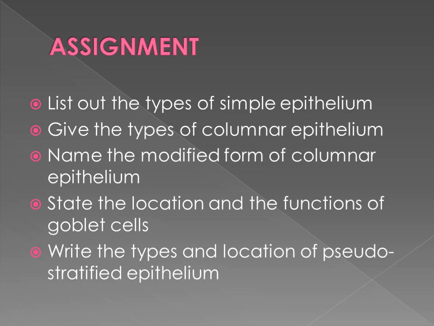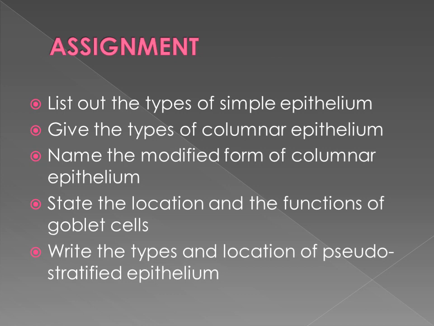Next question: state the location and the function of goblet cells. What is the location of goblet cells? They are present in the digestive tract and secrete a protective layer called the mucus layer. Understand?